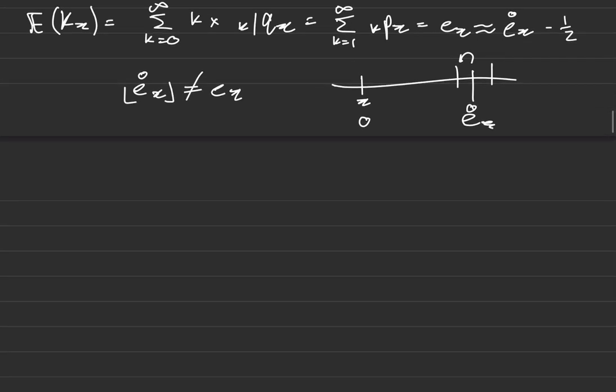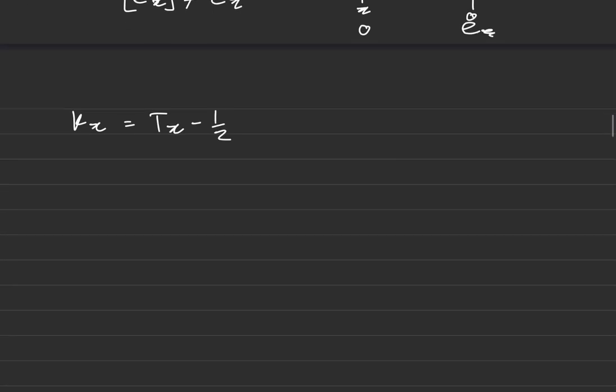Okay, so what is the proof then? The proof is based on the assumption that deaths occur halfway between birthdays. Then I say that K_x is equal to T_x minus a half. That makes sense. Now if I take the expectation of both sides, since K_x and T_x are random variables, I have the expectation of K_x is equal to the expectation of T_x minus a half, because I can take this half out because the expectation operates linearly.